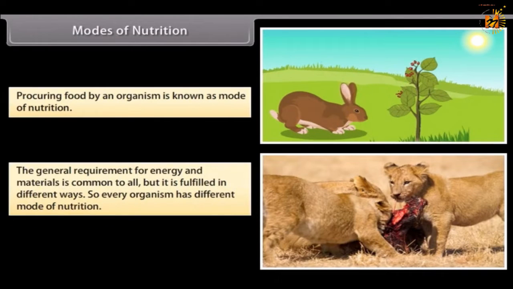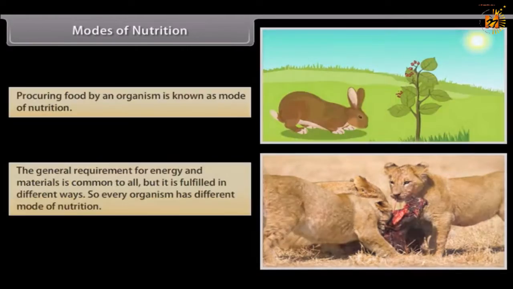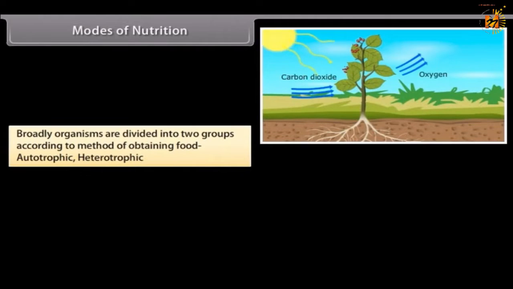The general requirement for energy and materials is common to all, but it is fulfilled in different ways. So every organism has a different mode of nutrition. Broadly, organisms are divided into two groups according to method of obtaining food: autotrophic and heterotrophic.